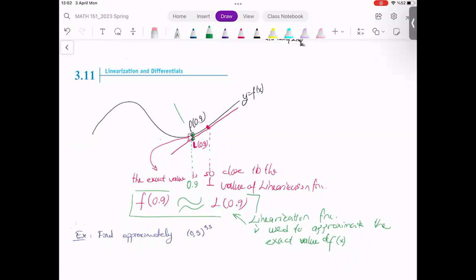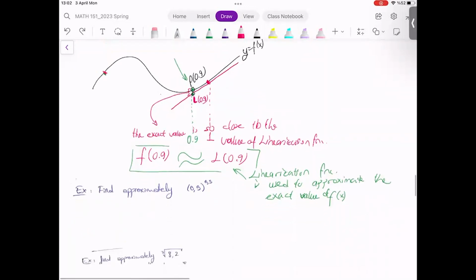As you see in the figure, the value on the graph is really close every time, no matter where you draw your tangent line. This will always be the case. No matter where you draw it, the exact value will be so close to the value on the tangent line because the tangent line cannot move far away from the curve, right?